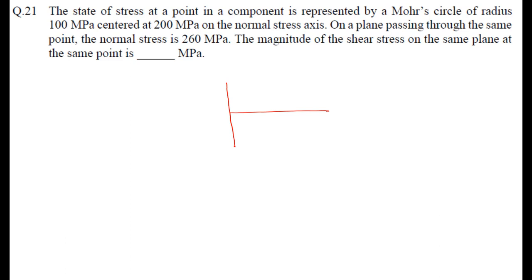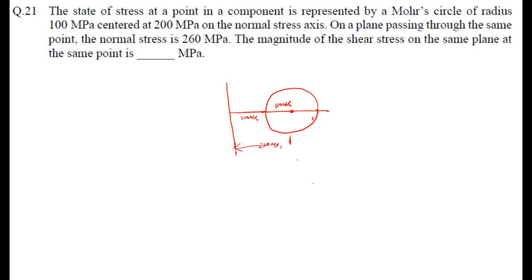The state of stress at a point is represented by a Mohr circle of radius 100 MPa. Suppose the radius is 100 MPa, and it is centered at 200 MPa, so this complete value is 200 MPa and this distance is 100 MPa.